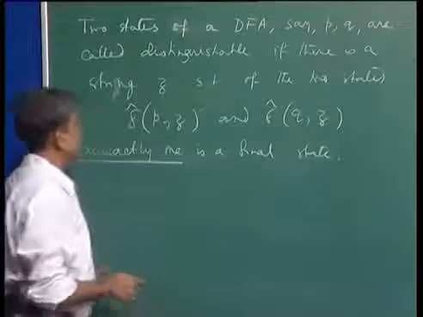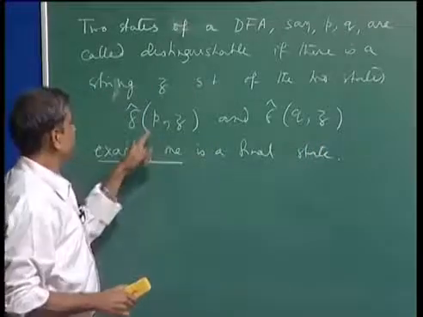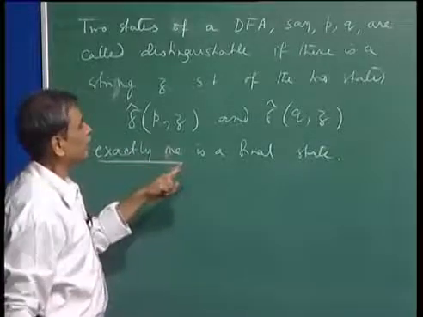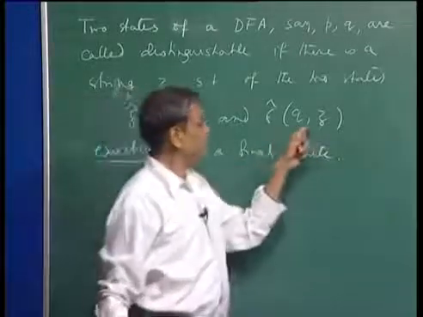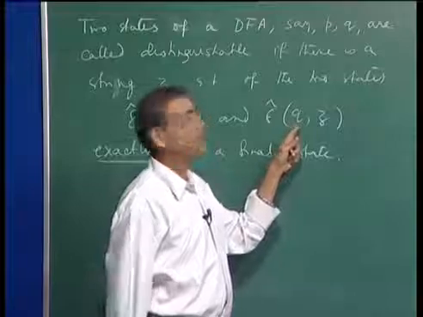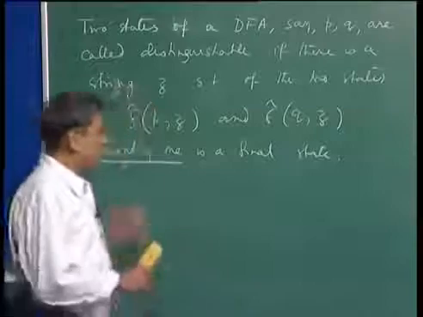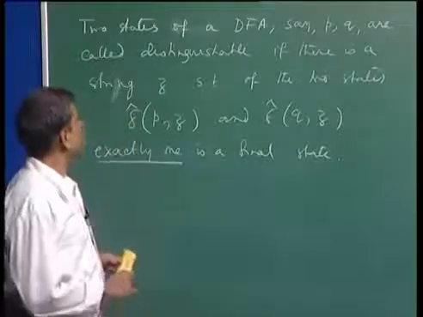In other words, if Z takes the machine from state P to a final state, then the same Z must take the machine from Q to a non-final state.